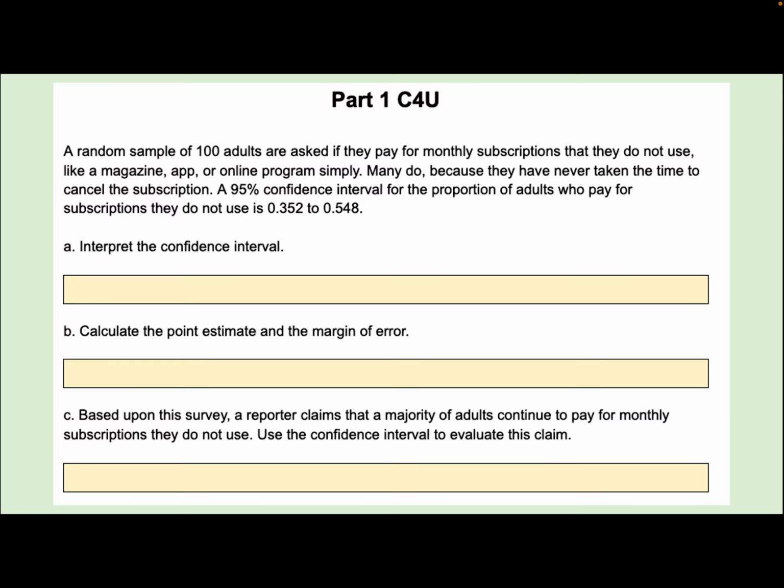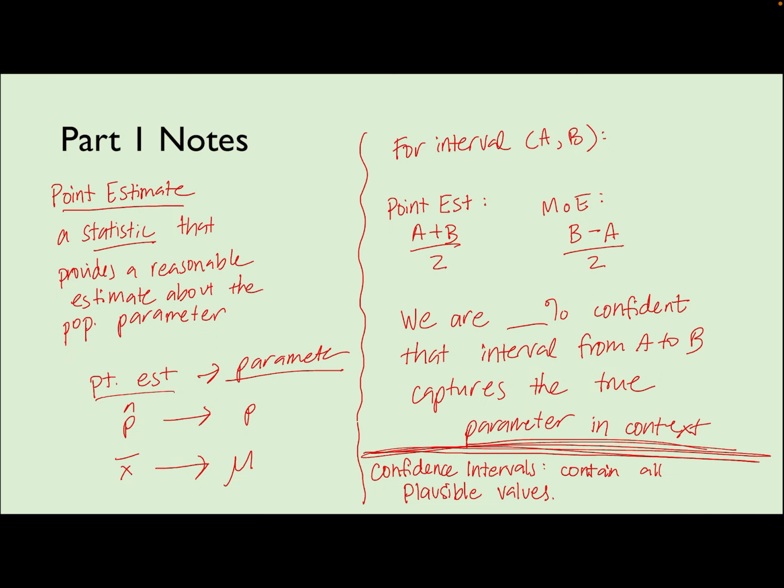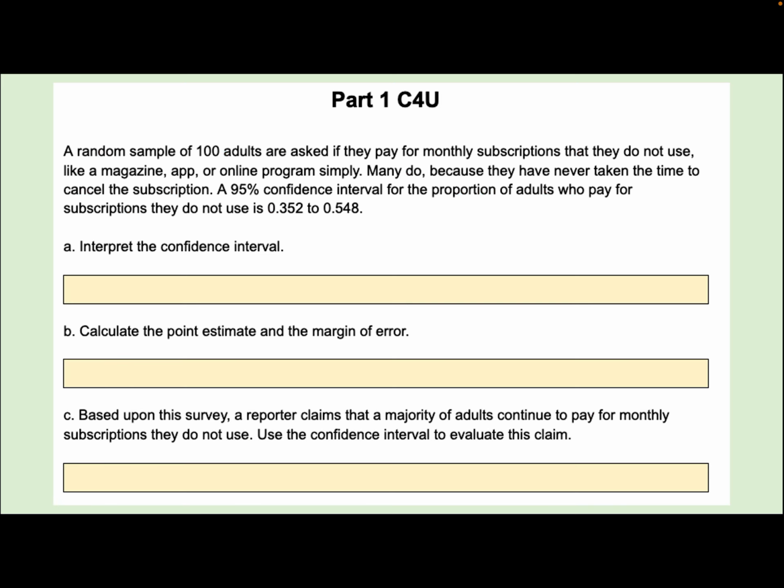All right, first part here is asking you to interpret the confidence level. This is just based off of the notes. Because it says we're 95% confident, we know what percentage to use.